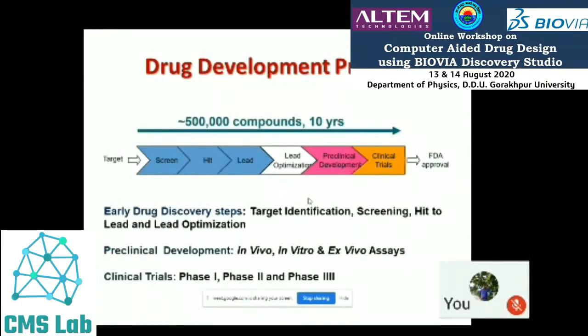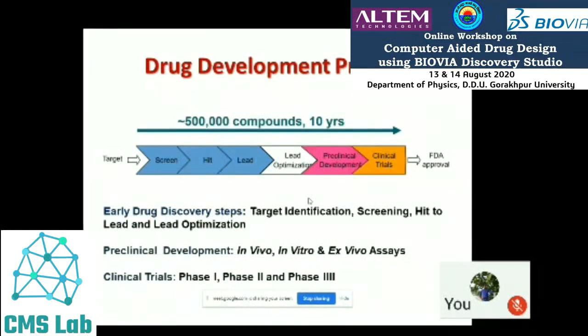What CAD, computer-aided drug design, does is reduce the time, reduce the manpower needed for many experimenters, and even reduce the money. That's very important. Time and money are both important, especially in current scenarios, but more important is the time, right? We want a vaccine or drug as soon as possible.